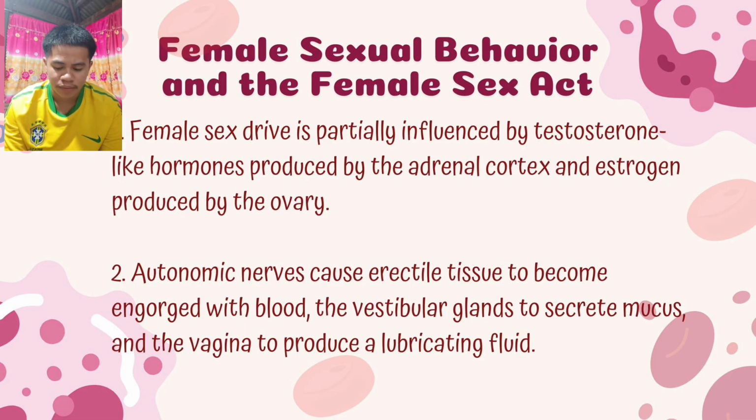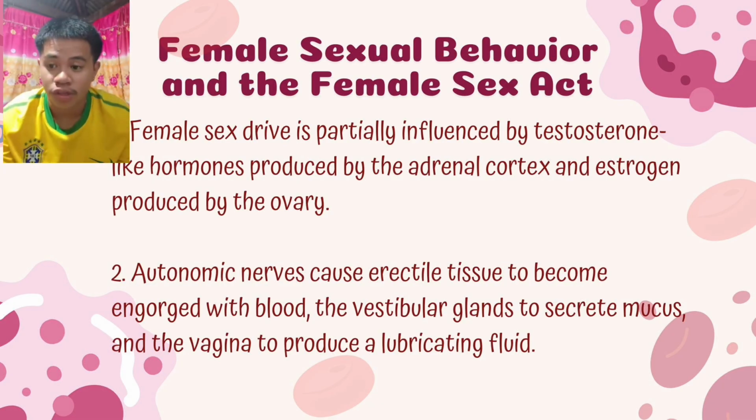Explanation: sexual drive or sexual desire. A woman's sexual desire is not only emotional but also has a physical basis. Certain hormones, especially testosterone, produced by the ovaries and adrenal glands, affect libido or sexual desire.